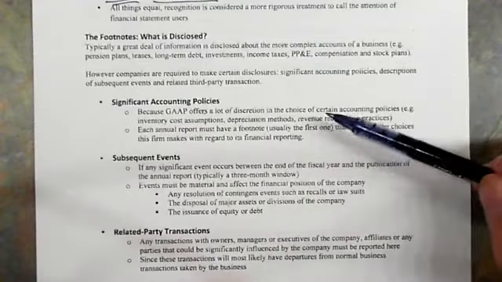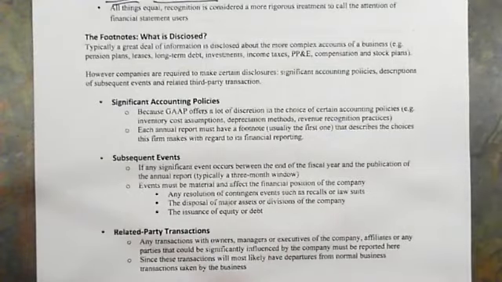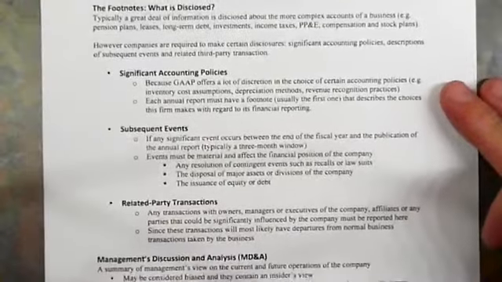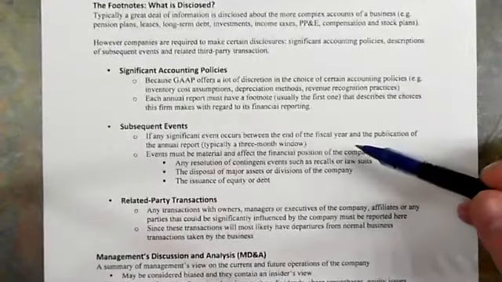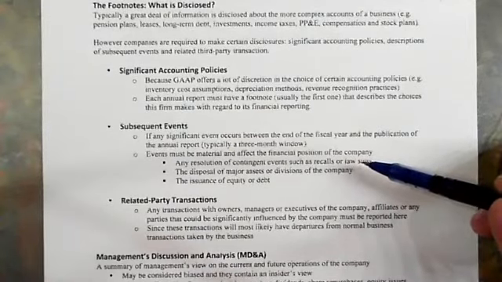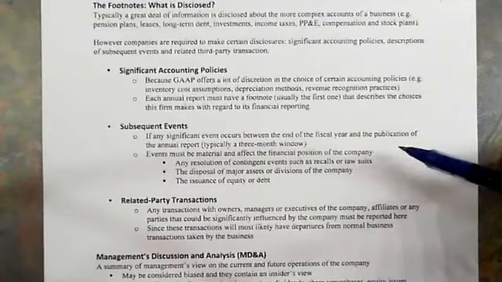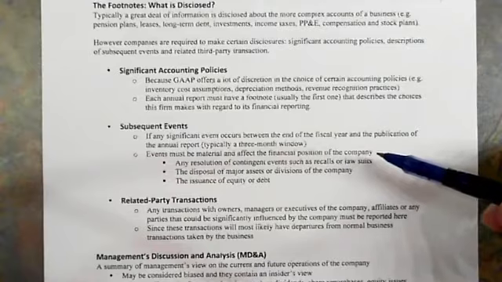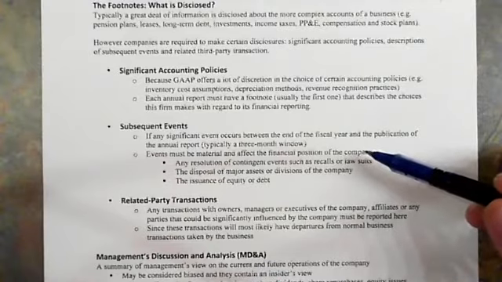Every annual report has to have this, and it's usually the first footnote. Subsequent events refer to anything that happens between the fiscal year end and the publication of the financial statements. It's typically a 3-month window. December 31st fiscal year ends.